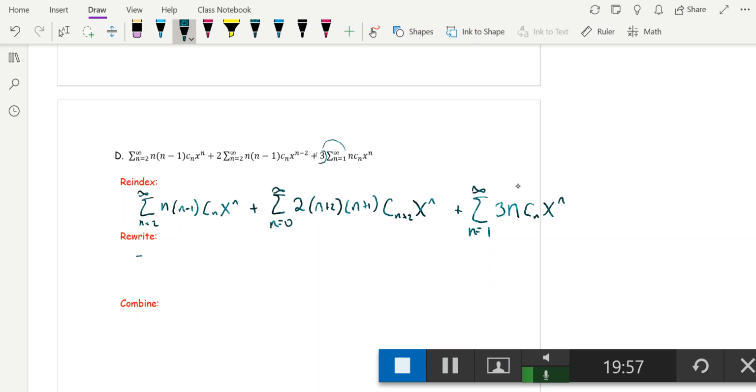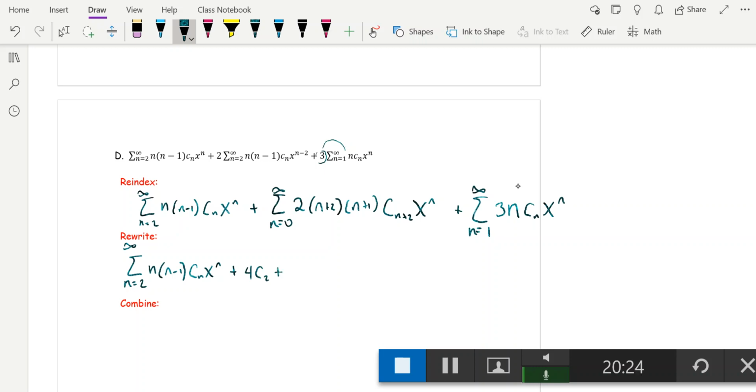So the first guy, not going to do anything there. n equals 2 to infinity of n minus 1 Cn x to the n. Second guy, I'm going to pull off the first two terms. So when n is 0, I get, let's see, 4c2 x to the 0 is just 4c2.